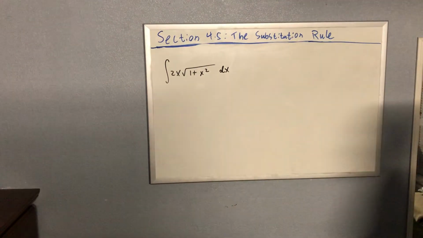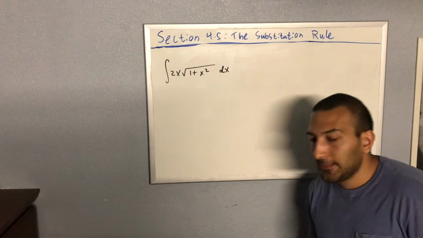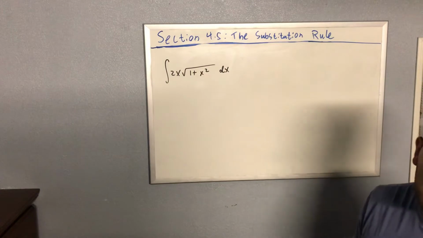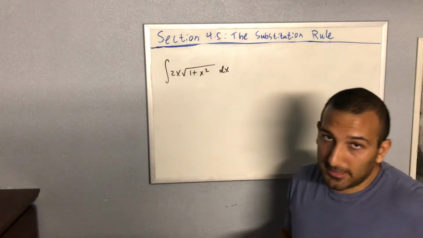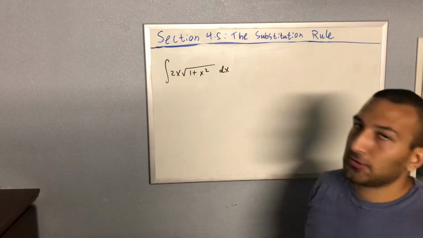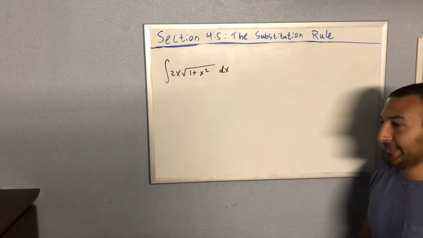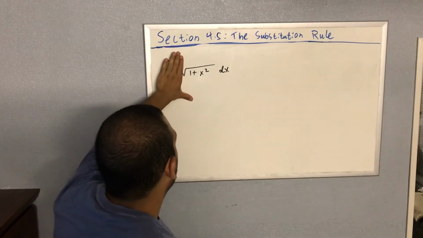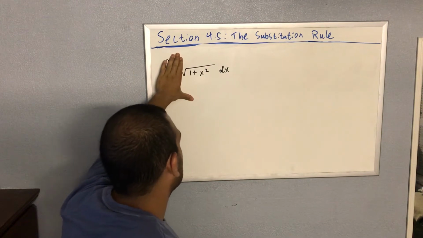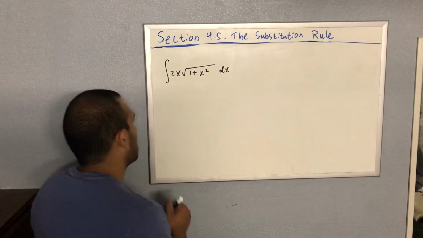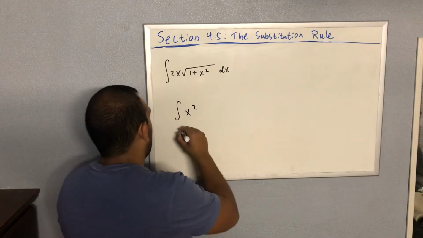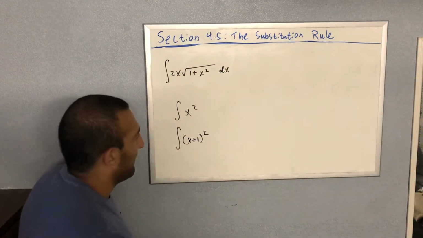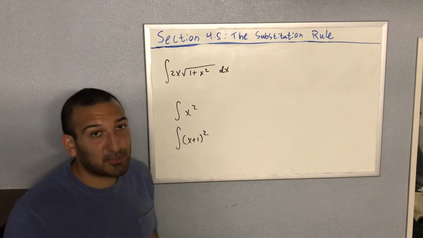All of the techniques that we know up to this point won't let us do this, because if we want to split this apart, we would need a plus or a minus in between. We've never dealt with the product of two things, first off. And second of all, we don't even know how to take this guy by itself. Say we know how to take the integral of x squared, but how do you take the integral of, say, x plus 1 squared?